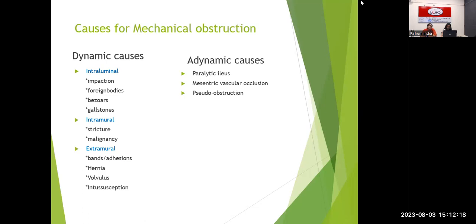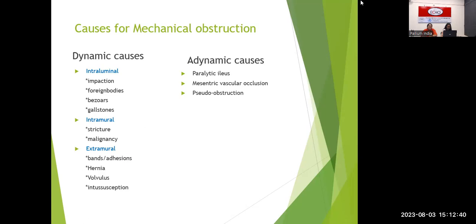Very commonly, the patient can present with high volume vomitus. What does that mean? High volume. The patient will give you a typical history. They'll come and say they are vomiting large amounts of vomitus. They'll say they are collecting the vomitus in a bucket. That much volume of vomiting is happening.